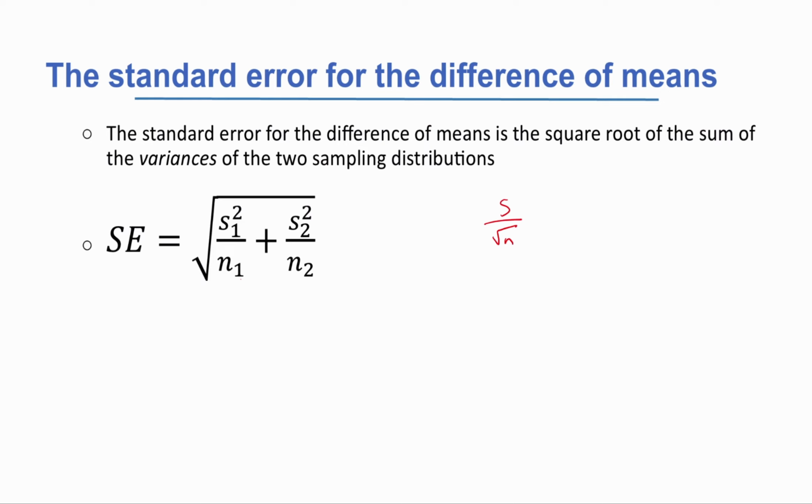If that's your standard error, your variance would be s squared over n. For two means, you get s1 squared over n1 and s2 squared over n2, and you add those together and then you take the square root, and that's going to be your standard error for the difference of means.